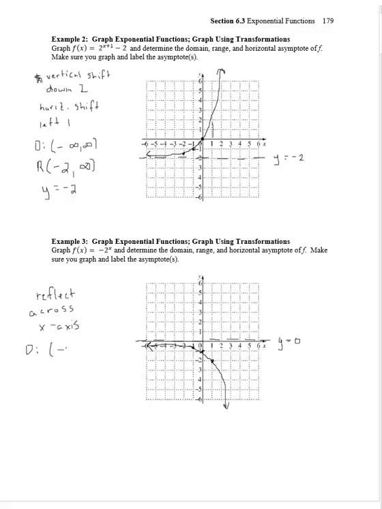So our domain is still -infinity to infinity. The range is -infinity to 0. And our horizontal asymptote is at y equals 0.